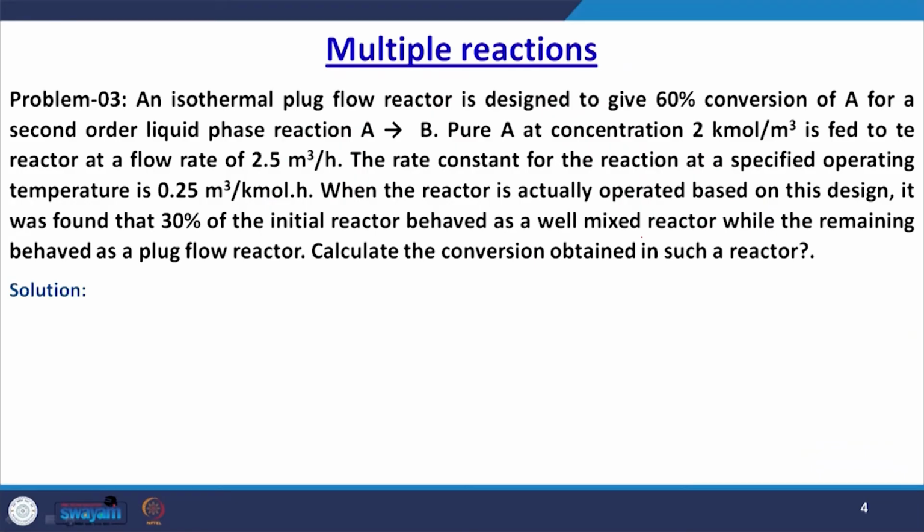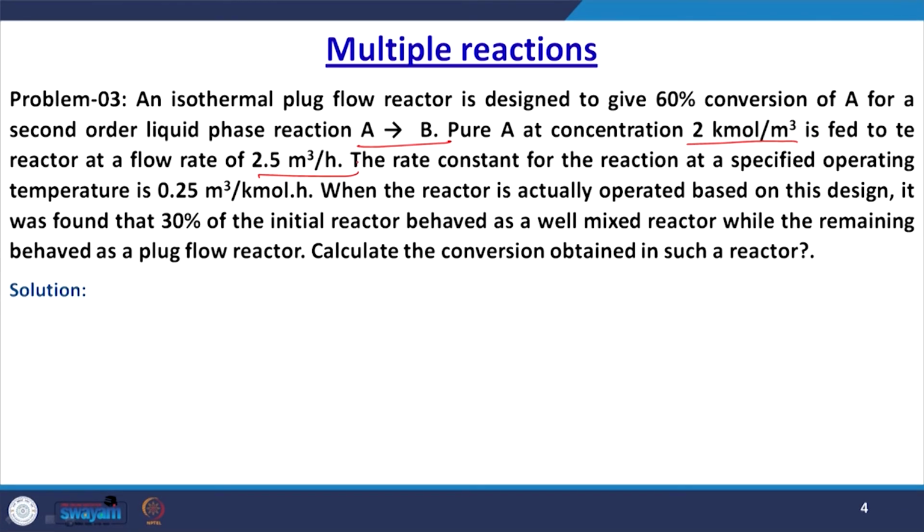Let us take another problem. An isothermal plug flow reactor is designed to give 60% conversion of A for a second order liquid phase reaction, A converting into B. Now pure A at a concentration of 2 kilomole per meter cube is fed to the reactor at a flow rate of 2.5 meter cube per hour.